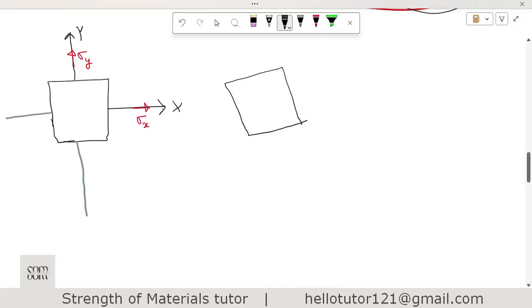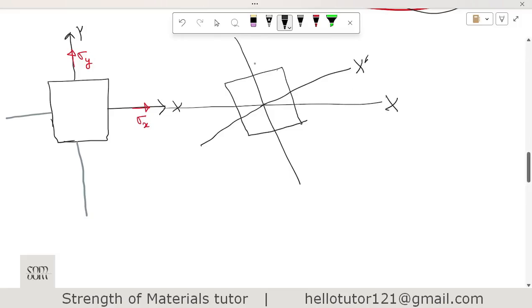Now when you rotate it anti-clockwise, this was the x-axis, and now this is x prime and this is y prime. You rotate it with angle theta.